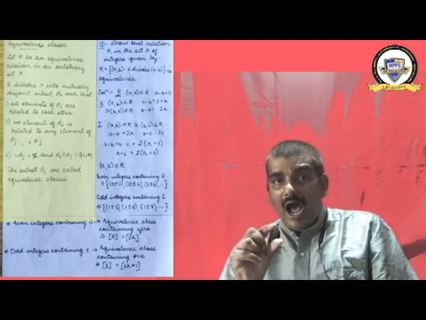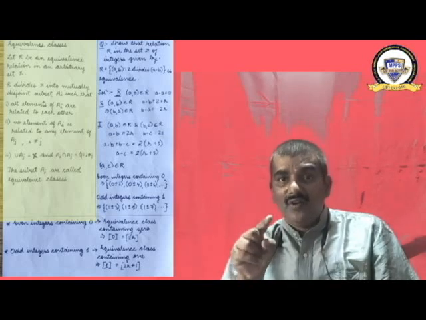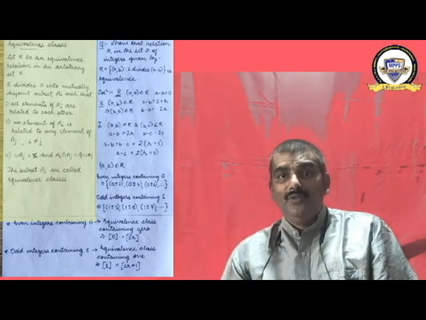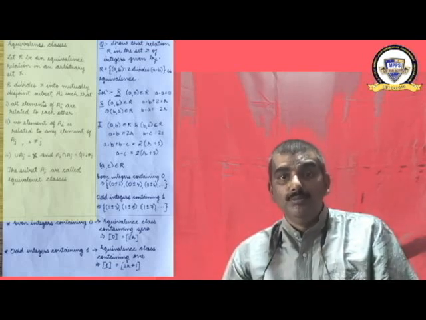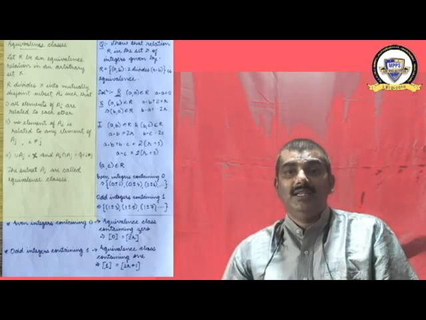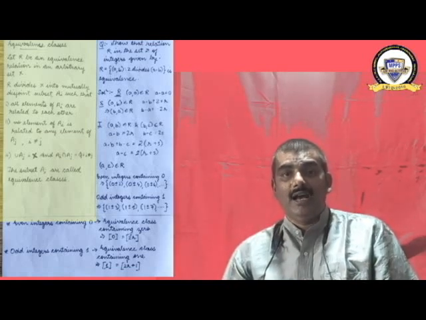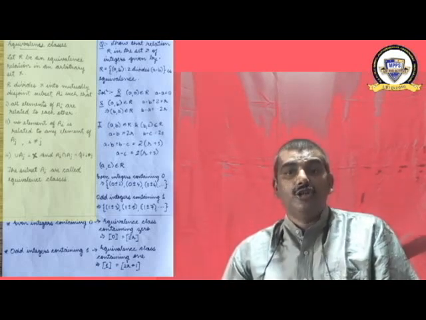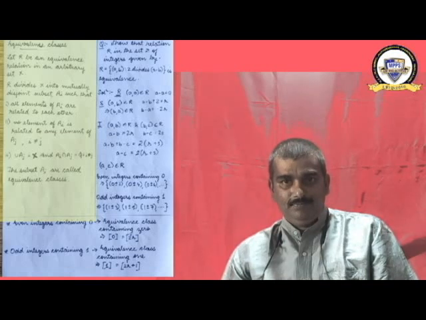Then that relation divides X into mutually disjoint subsets Ai such that all elements of Ai are related to each other.